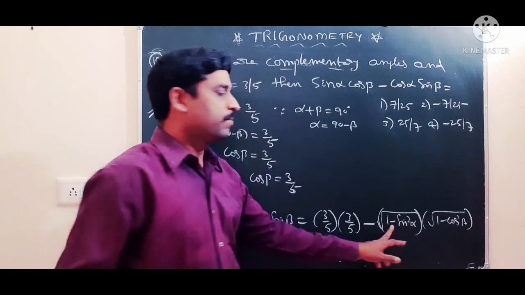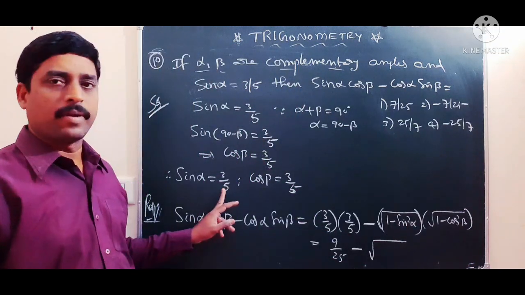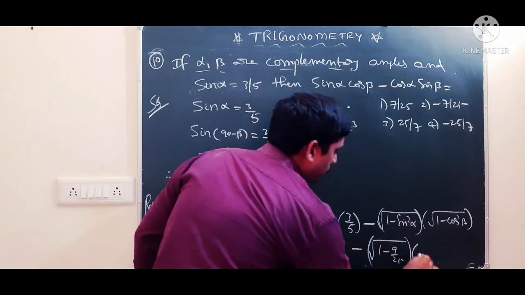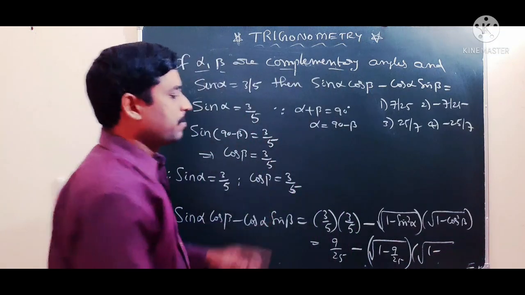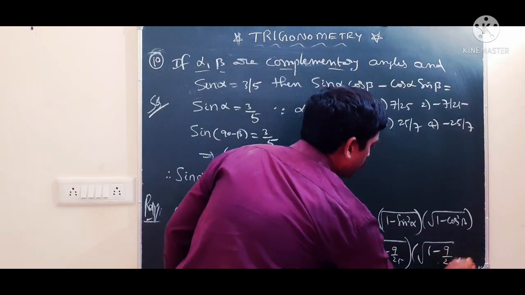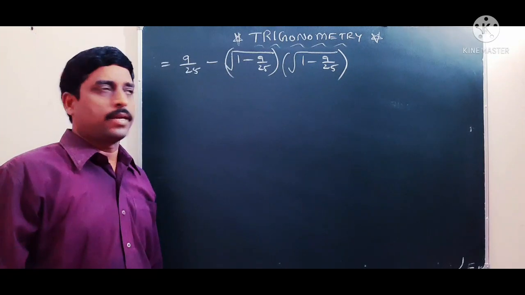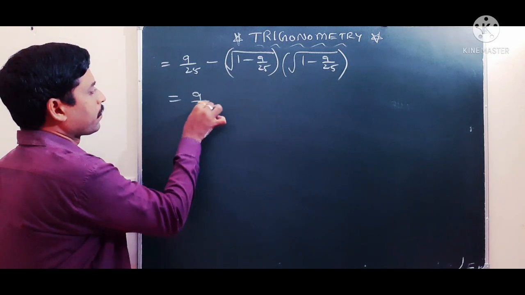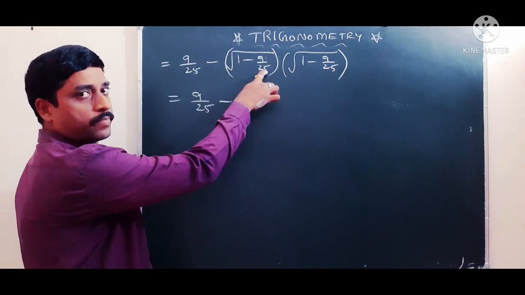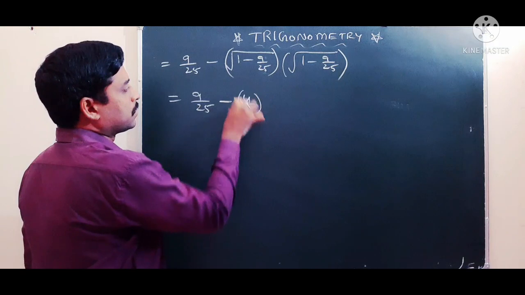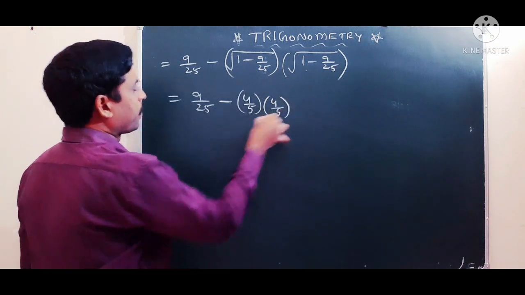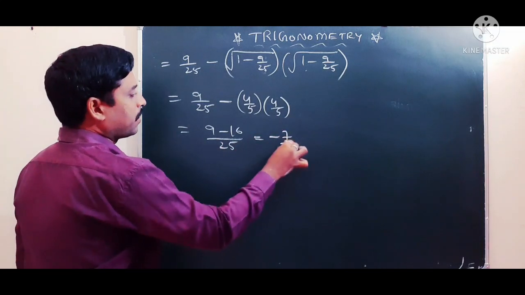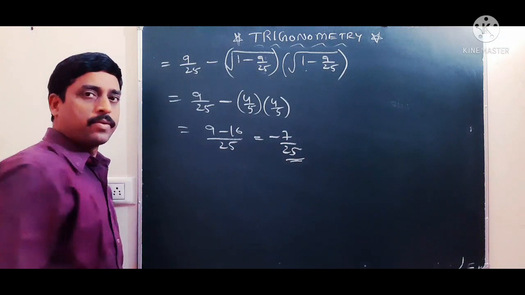Under the root, 1 minus sin square alpha, where sin alpha is 3 by 5, is 1 minus 9 by 25, and 1 minus cos square beta is also 9 by 25. This gives 16 by 25, which is 4 by 5, and this is also the same, 4 by 5. So 9 minus 16 by 25 will be minus 7 by 25. So minus 7 by 25 is the correct answer.